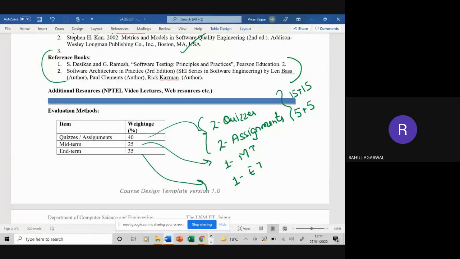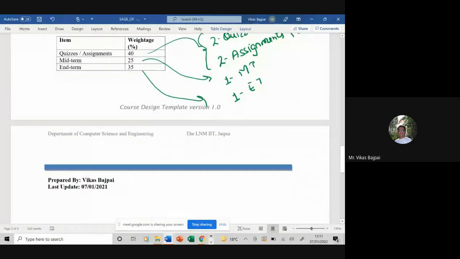Sir, it's fine. Okay, Rahul. Anyone else having any issues with any of the components? Okay, fine. So then we'll stick with this.